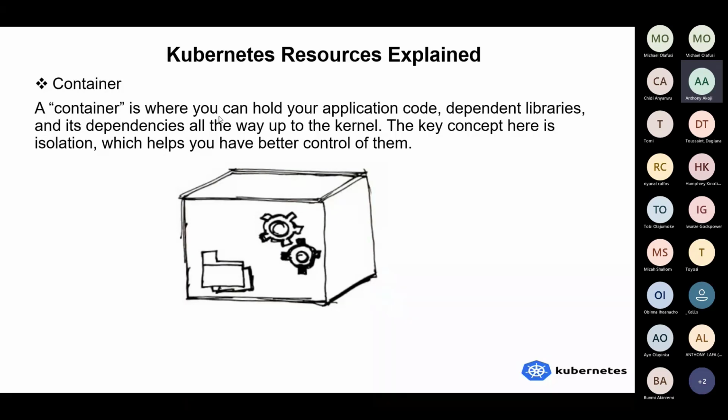So this kernel is whatever server or operating system that you have. The key concept here is isolation, which helps to have better control. You are packaging all your source code, everything you have as an application, into one particular system. And once you create that, things like Docker, Buildah, can build your application and you have them as a container.